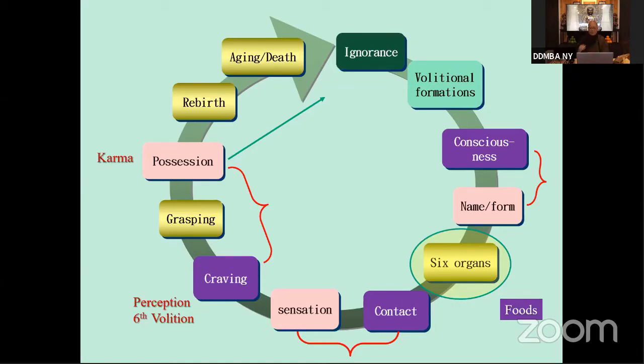So here, I just use these figures to point out that for the physical part, the name and form and six organs, the consciousness can enrich the development of the forms, and the foods as well, of course, and the contact through good sensation, especially wonderful pleasure sensation, can also enrich our body.